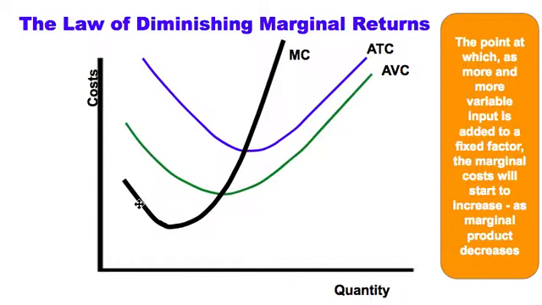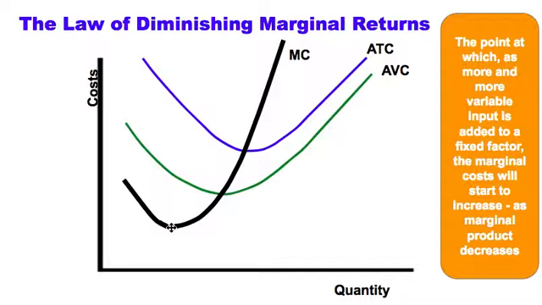As they produce more cups of coffee, their cost for the next cup they produce goes down, as we also see here on the average variable and average total costs, because they become more efficient, right? Then here, this is the point that we need to know as the point of diminishing marginal returns.